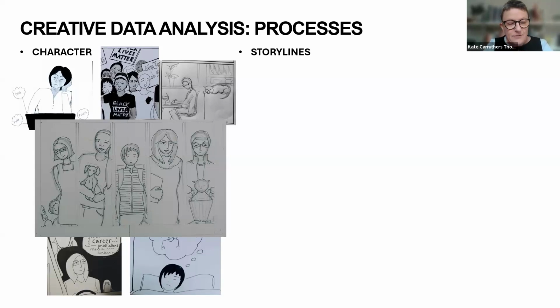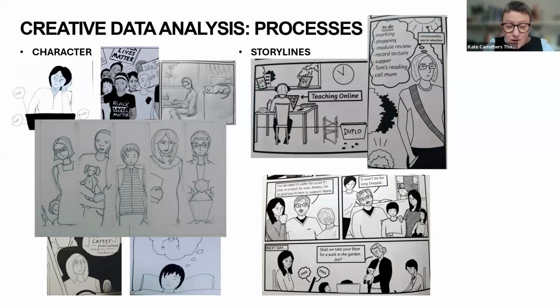And then the storyline phase. As the chapter explains, survey data provided the starting points for the process of devising storylines. For example, 54% of respondents had strongly agreed with the statement, "It has been very challenging to balance homeschooling and other tasks in my home with my workload during lockdown."